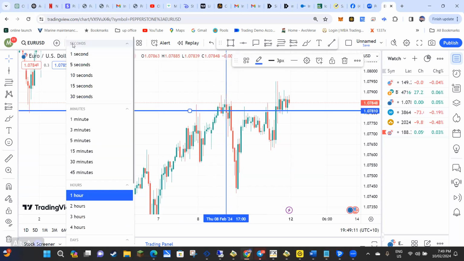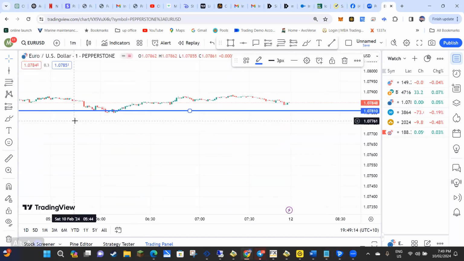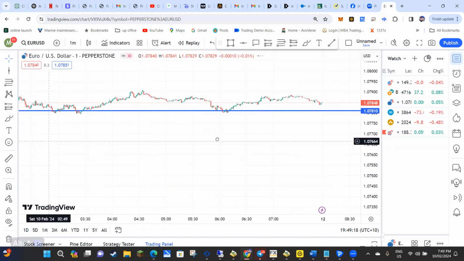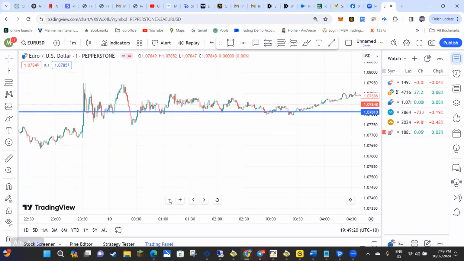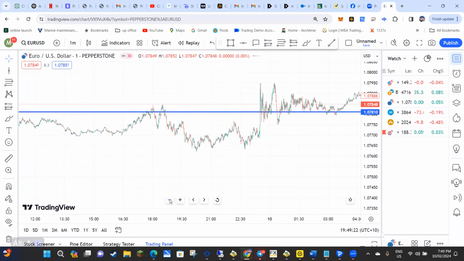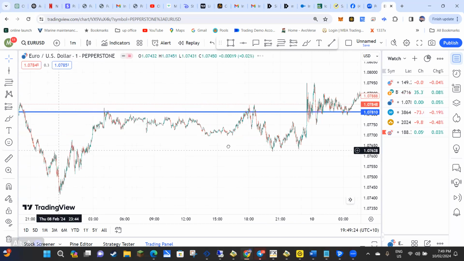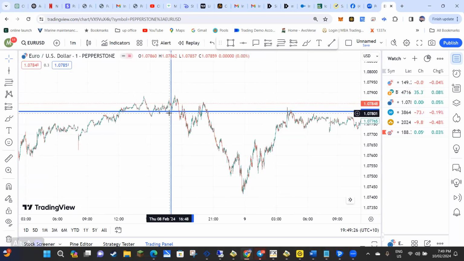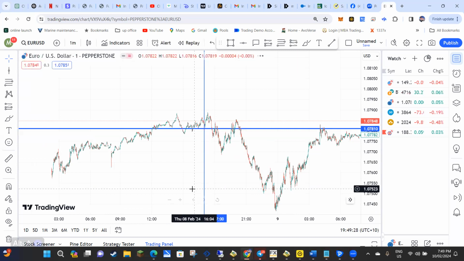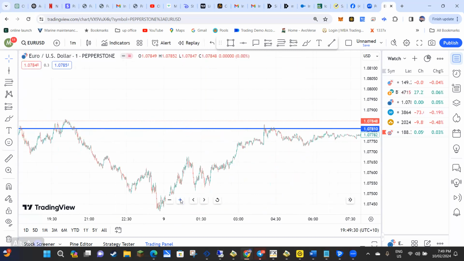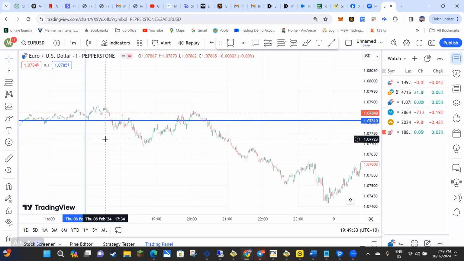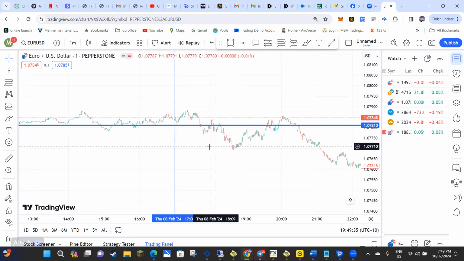But if we jump right down to the 1 minute, then we can see a lot more finer detail, so to speak.